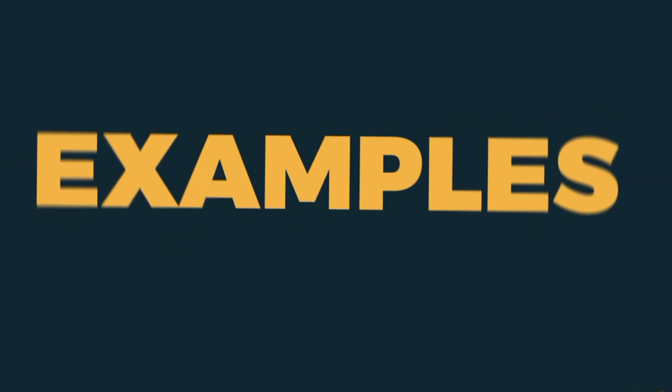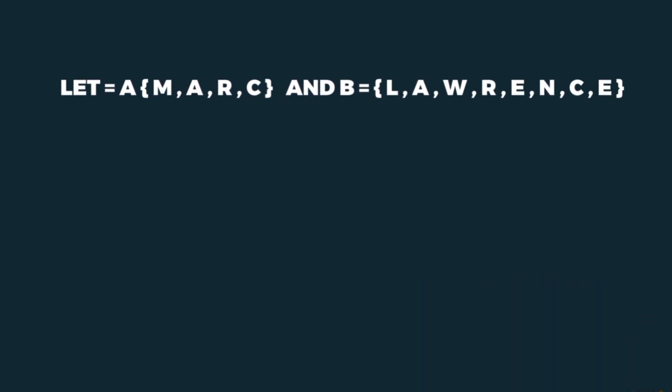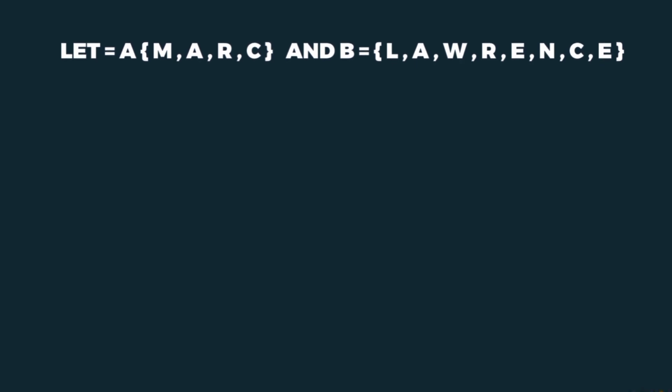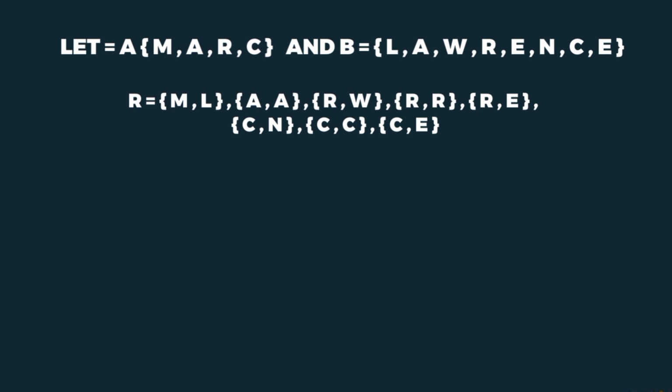Okay, we have more examples here. Let A equal {M, A, R, C} and B equal {L, A, W, R, E, N, C}, where R equals the set {(M, L), (A, A), (R, W), (R, R), (R, E), (C, N), (C, C), (C, E)}.